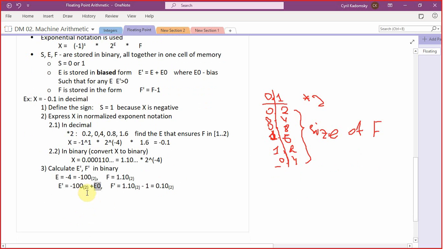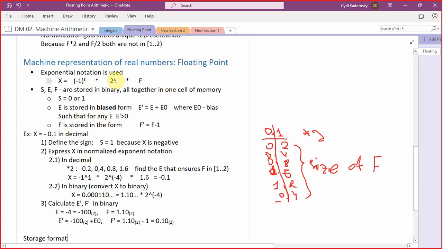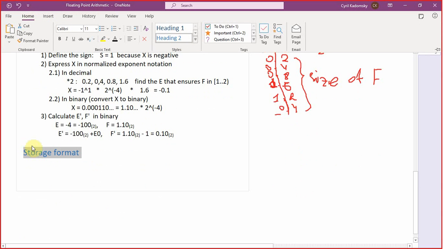So the final step is actually the storage format, which will define both the length of fraction and this bias for exponent. So the storage format: how exactly this information about S, E, and F would be stored physically in memory. Okay, let's do it under a heading.